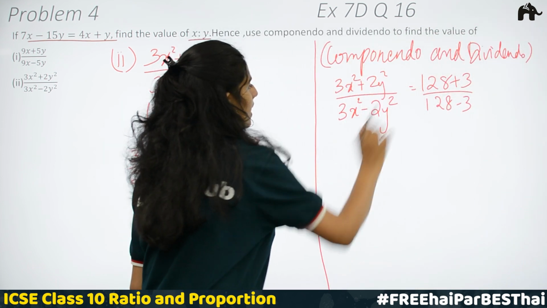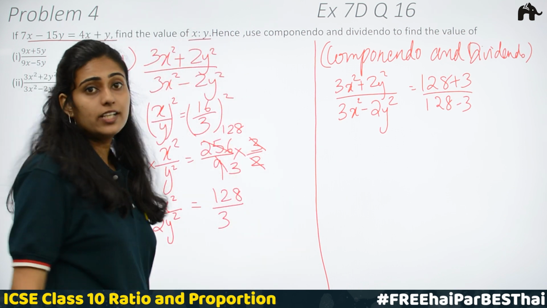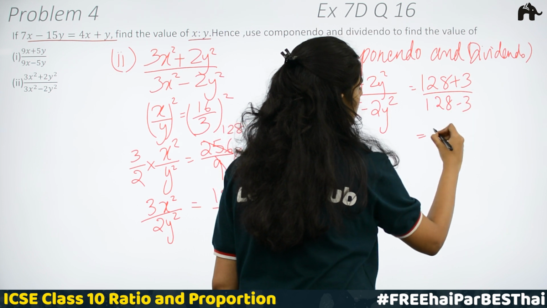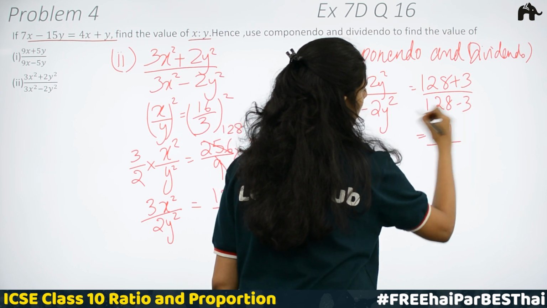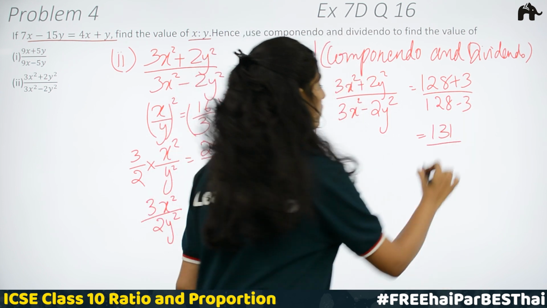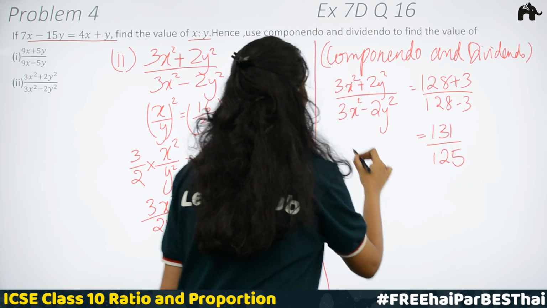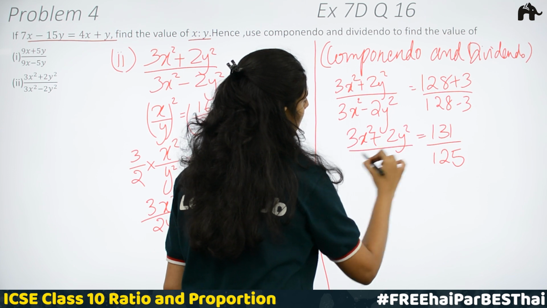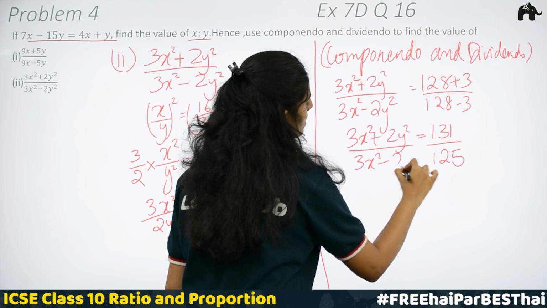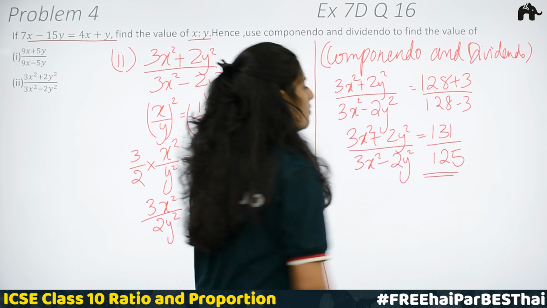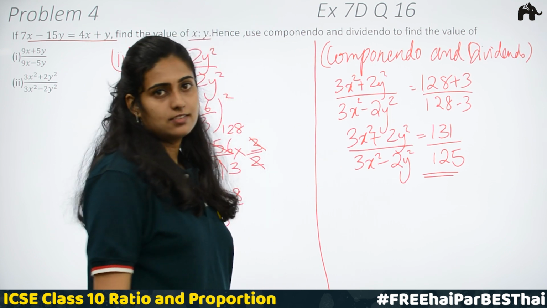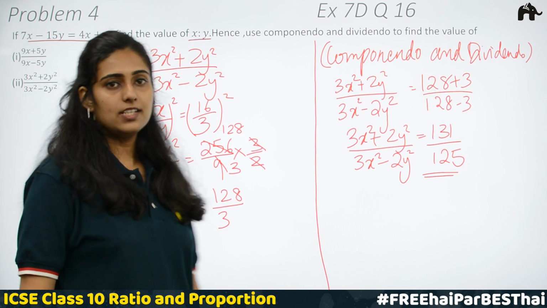So here we have the LHS. This is the value we need to find. Now adding this, we will be getting 128 plus 3 is 131. 128 minus 3 is 125. So 3x square plus 2y square divided by 3x square minus 2y square is equal to 131 divided by 125. Got it? This is how you can solve these types of questions.